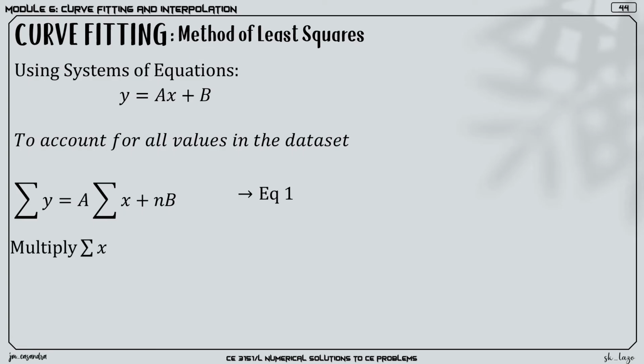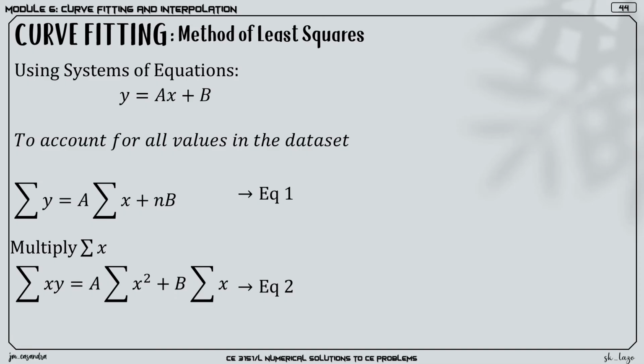Multiplying the whole equation by the sum of x, we arrive at the sum of xy is equal to a times the sum of x squared plus b times the sum of x, which will be our equation 2, in which equations 1 and 2 will be our working equations for the method using system of equations.